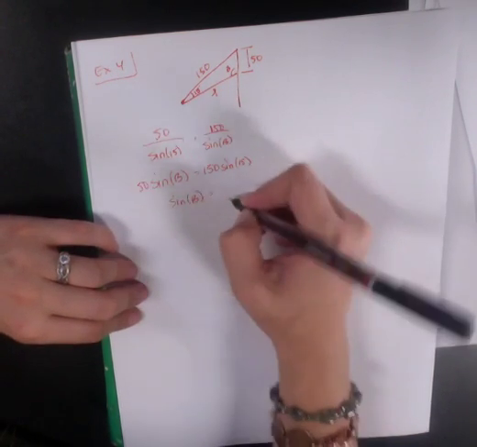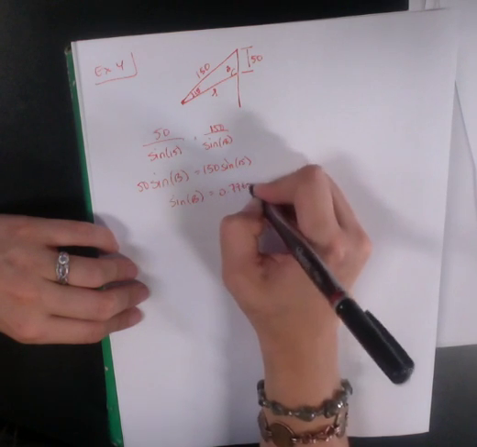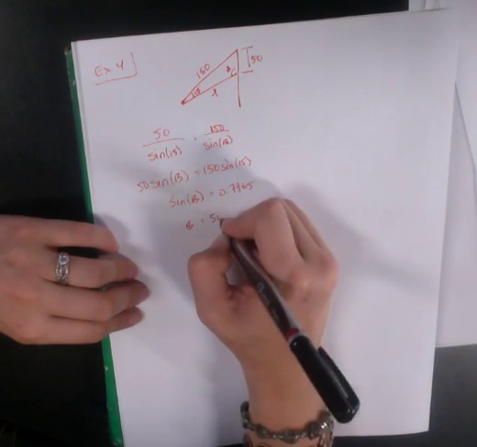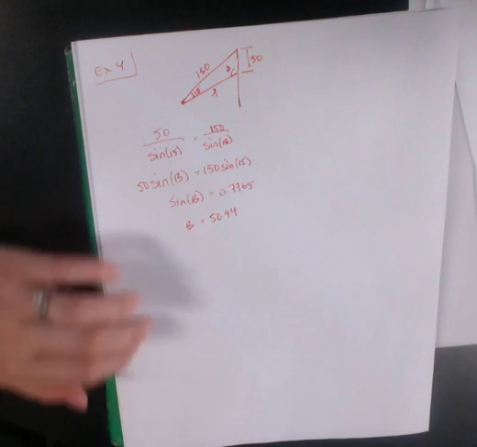So the sine of B is 0.7765. B is the inverse sine of that, which gives me 50.94.